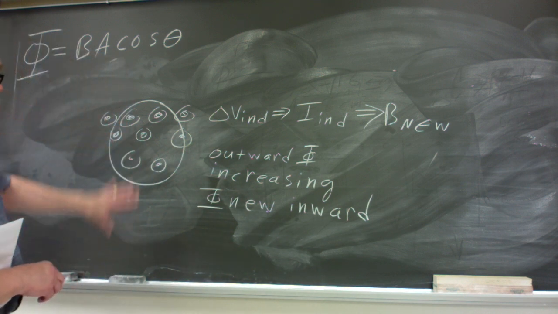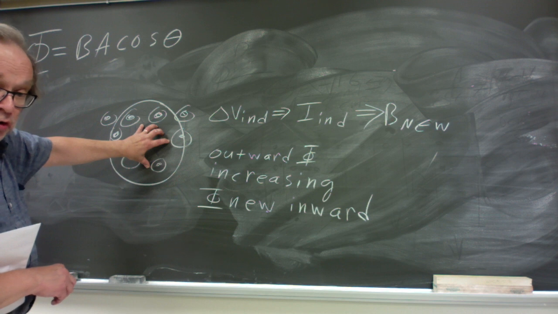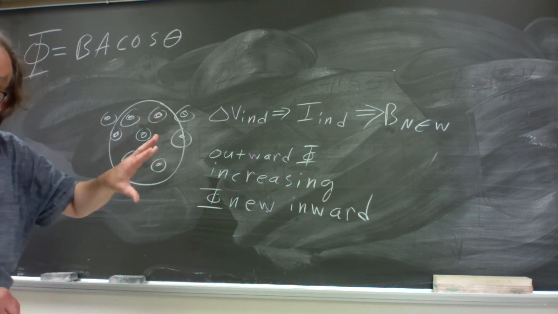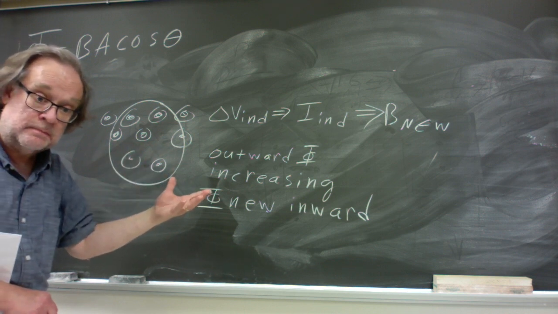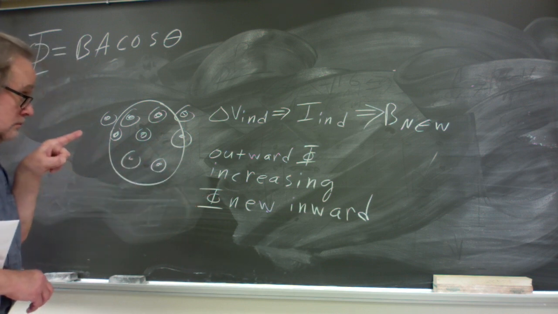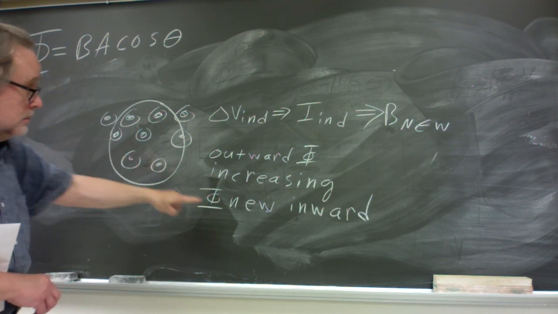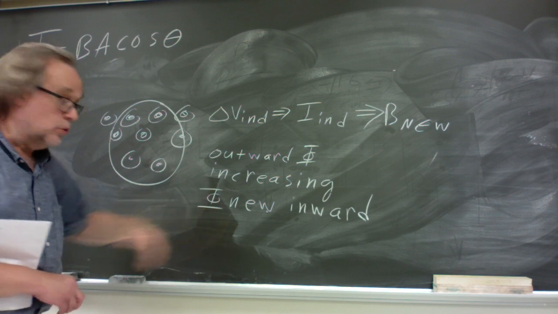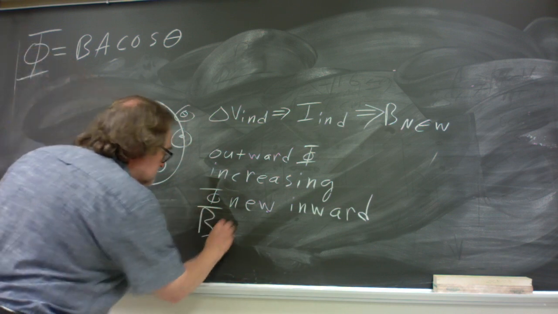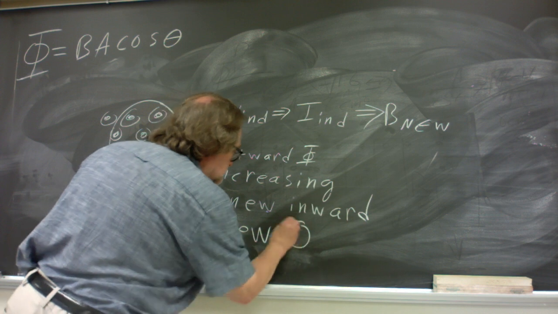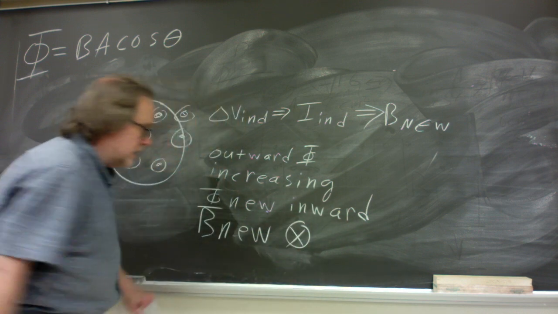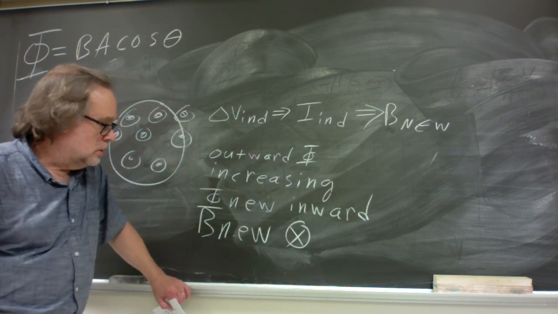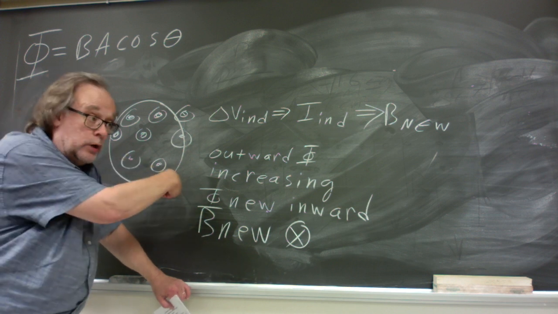So in order to get new flux inside the loop, that means the new magnetic field, which causes that new flux, has to point inward in order to get new flux inward. So inside the loop, the new field points that way.